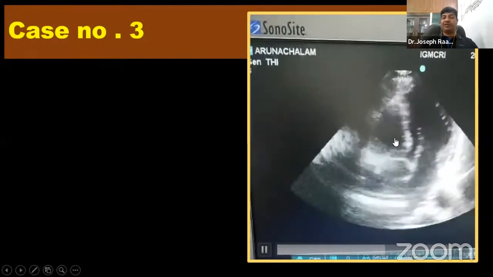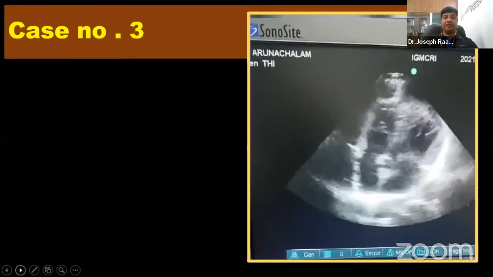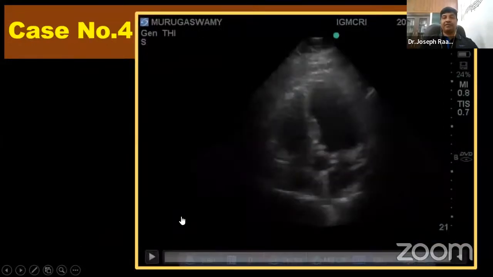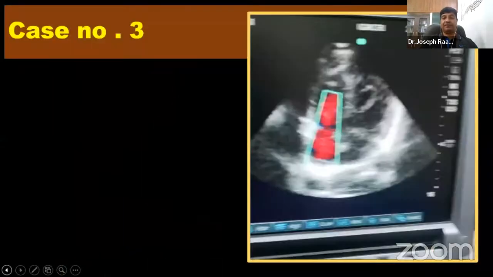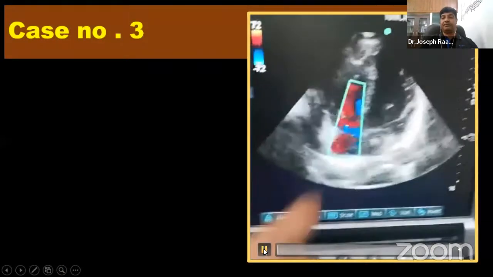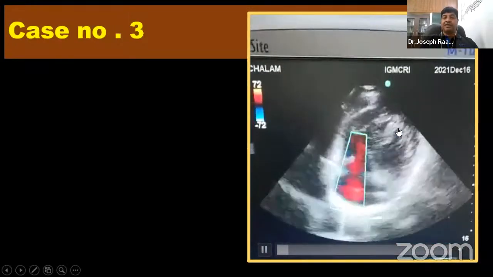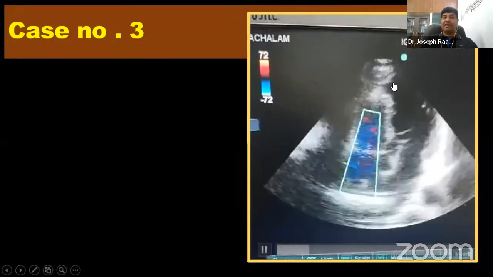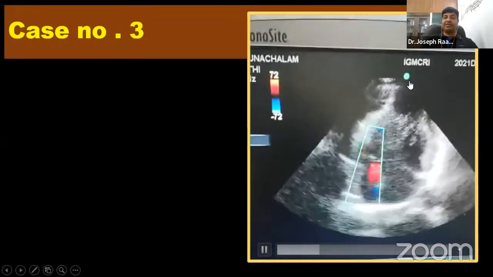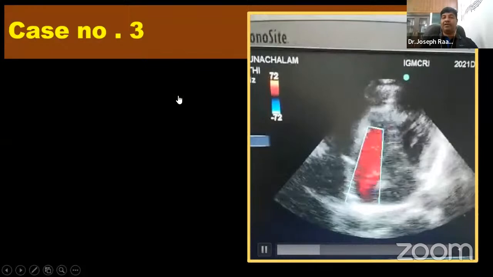So this is an apical four-chamber view. If you see, there is a regional wall motion abnormality at the apical level. The apex is enlarged and it is not moving well.